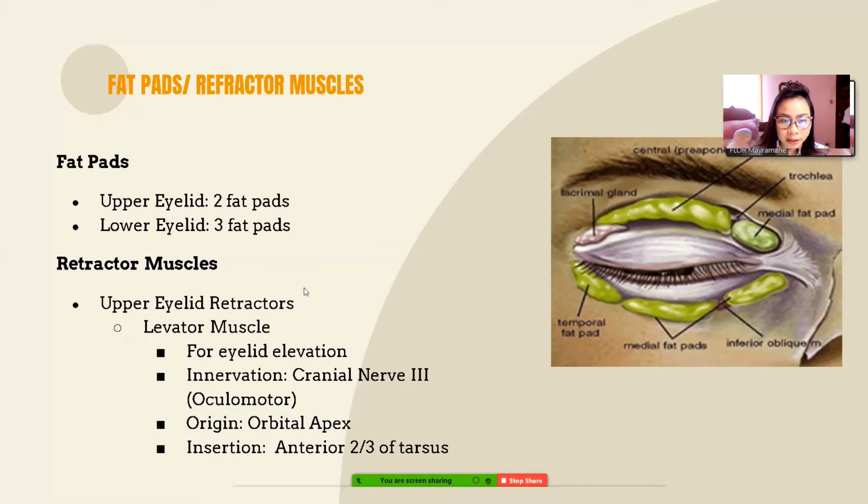Retractor muscles: the upper eyelid retractor is the levator muscle. It is for eyelid elevation. The innervation of this is cranial nerve 3, or the oculomotor nerve. Origin is the orbital apex. Insertion is anterior to the 2/3 of the tarsus.